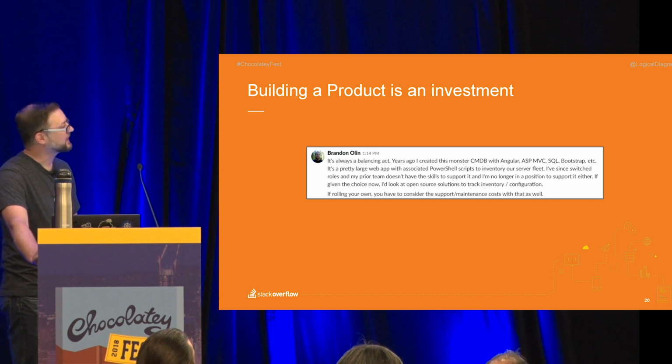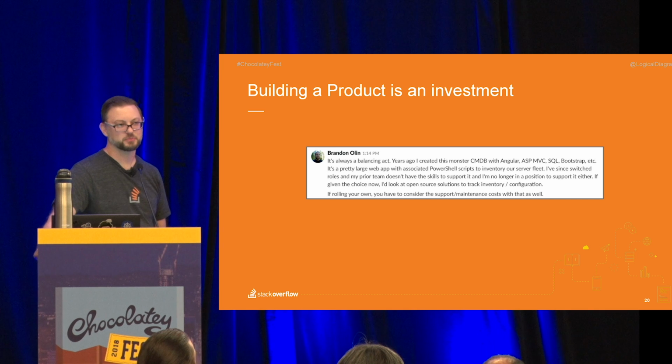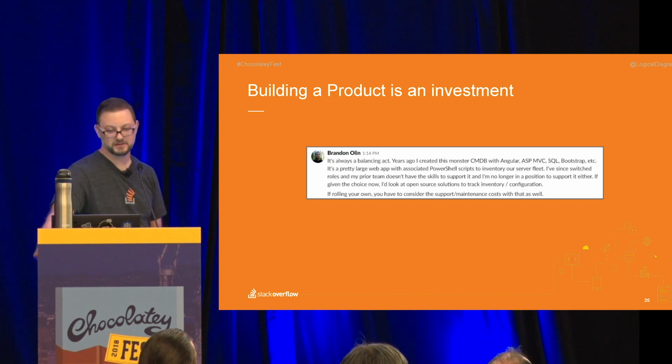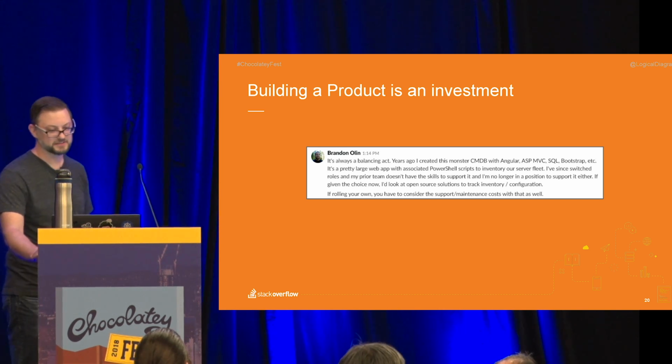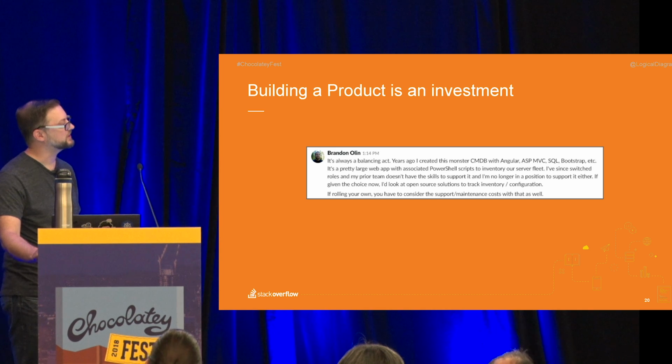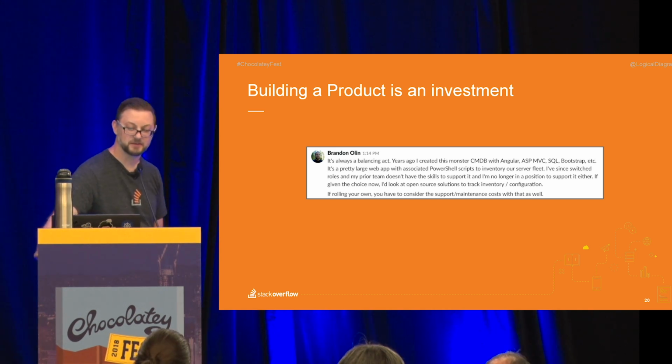It's always a balancing act. I'm not going to read through it all for you, but I thought it was a perfect anecdote for starting from the left and moving to the right. So, we're making decisions. Do we invest our time in making this better? Do we buy a product that can do it better for us?